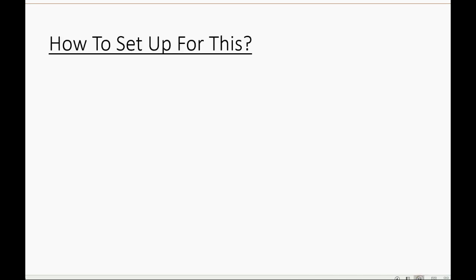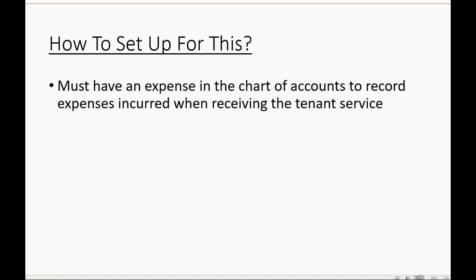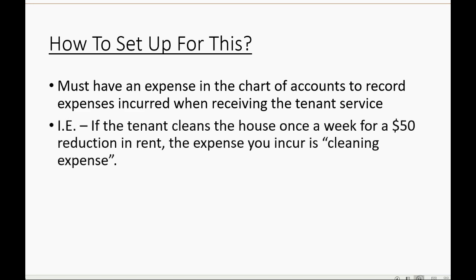So how do we set up for this in your QuickBooks records? Well, you must have an expense in the chart of accounts to record the expenses incurred when receiving the tenant's service. For example, if the tenant cleans the house once a week for a $50 reduction in rent, the expense you incur is cleaning expense.